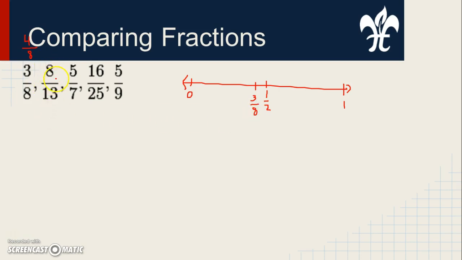How about 8/13? Well, if I break this into 13 sections, that means the halfway point, half of 13, is going to be 6.5. So this is 6.5/13. This is slightly larger than 1/2. 5/7, I have 3.5/7. I'm going to write these below because they're hard to see up there. So 4/8 was half.